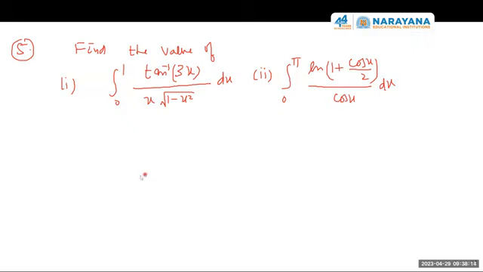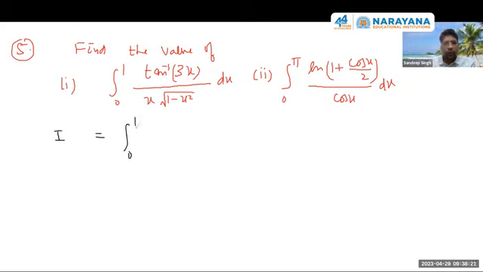Tan inverse ax. Yes. Because 3 has no role over here, I should rather define this as the integral of tan inverse of ax divided by the rest. This should be your starting point.